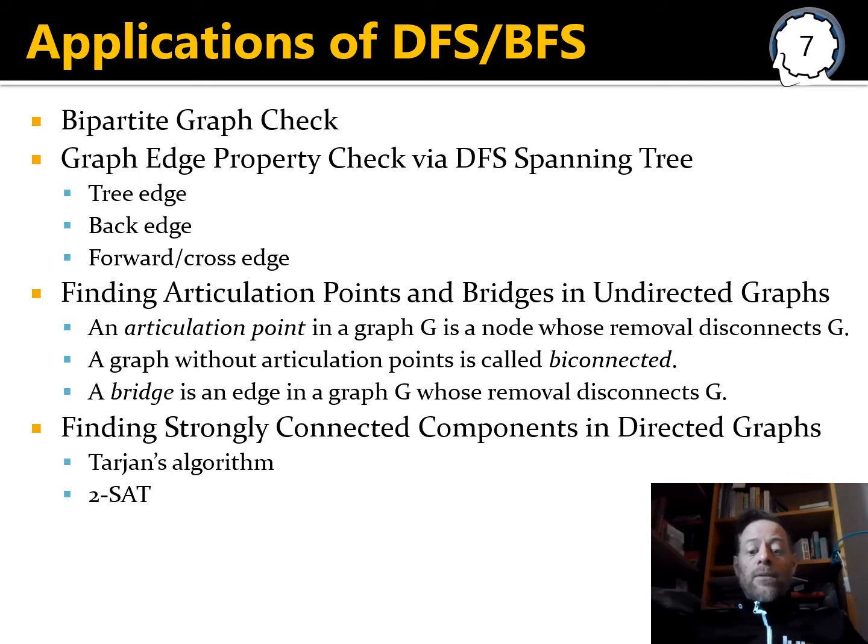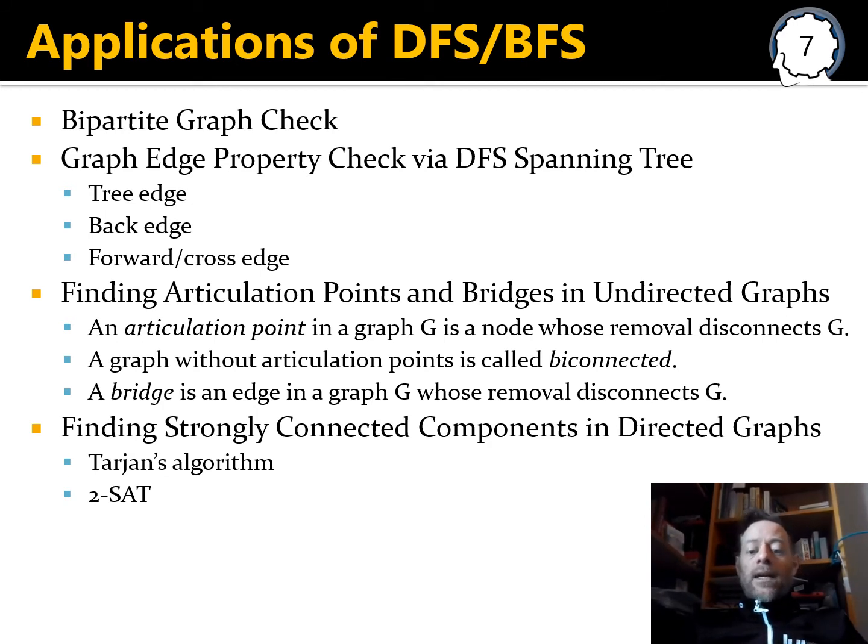In two-set problems, it's a satisfiability problem. So the question is, can we assign truth values to a set of variables so that the formula becomes true. And two-set means that we have clauses of exactly two, so it's basically pairs of variables that are related. What we can do is to write this in conjunctive normal form, and then write this as implications.